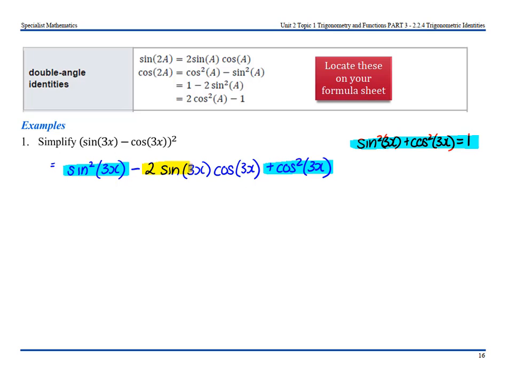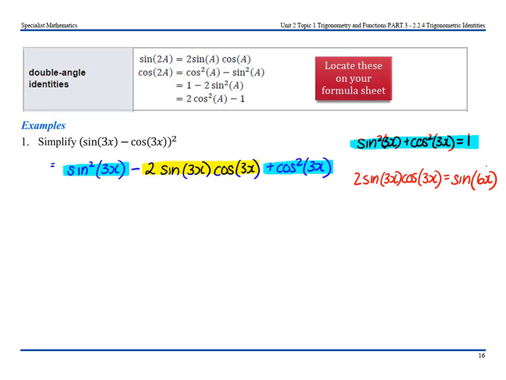Also, 2 sine 3x cos 3x is equal to sine of 6x.